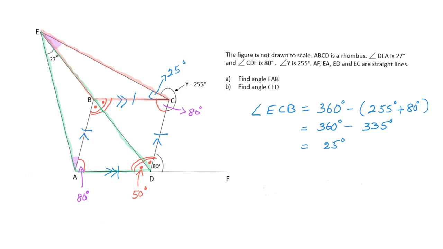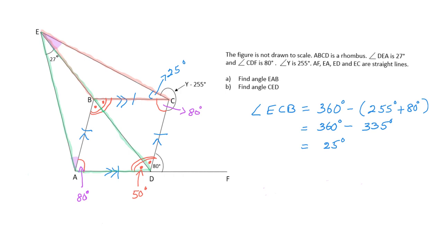So next, we need to find angle EBC. Once again, we see that ED is a straight line. Therefore, we know that sum of angles on a straight line is equal to 180 degrees. Since opposite angles in a rhombus are equal, we know that angle ABC is equal to angle ADC.